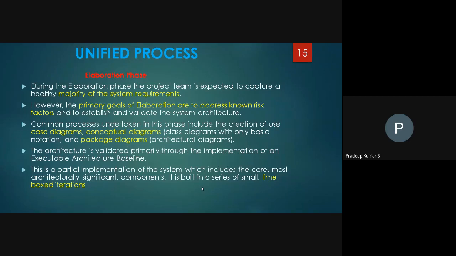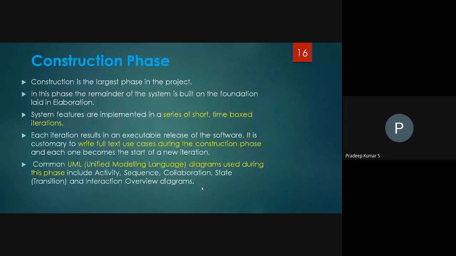So the implementation, that is the executable architecture baseline. It's a small iteration box only. Here the construction phase is what? It's large. I told, each and every iteration, then only we can make the good design, good shape of the project. That is the executable. Then only after the final result, it will satisfy all the needs, then we can release our software, because it will fulfill the conditions.